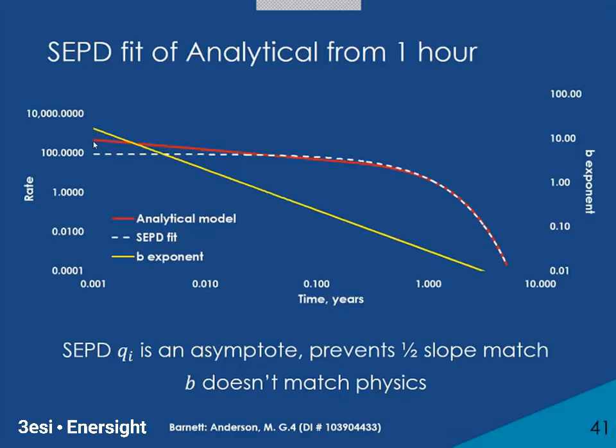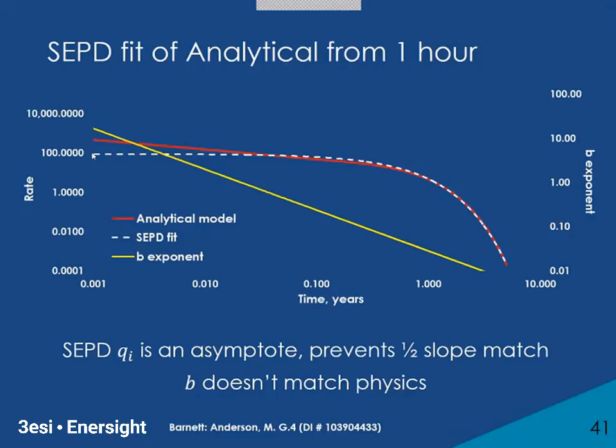And I will fit that full set of analytical data using a hyperbolic equation. And the fit that I get is the white line. So we end up with that asymptote problem. To get the right fit here, I have to assume a QI, or an initial rate, that's lower than it should be, and that asymptote says in early time I don't get a fit.